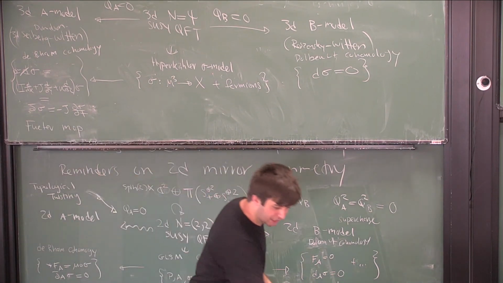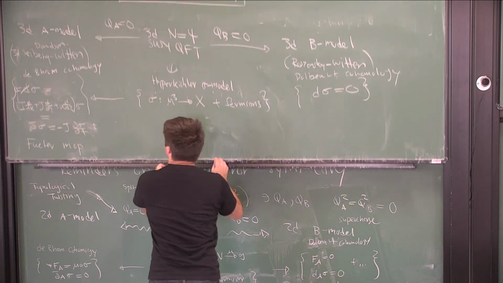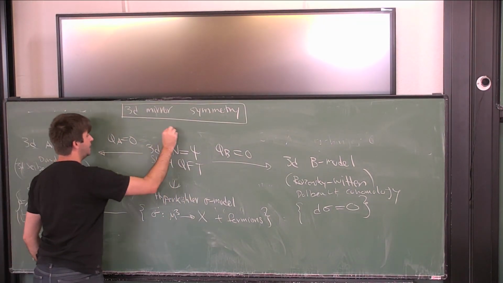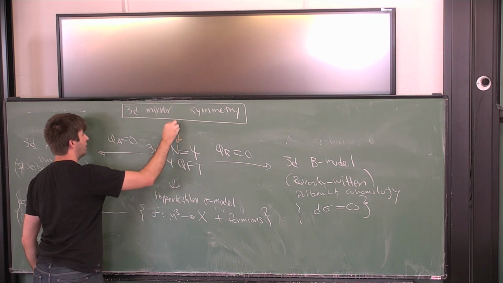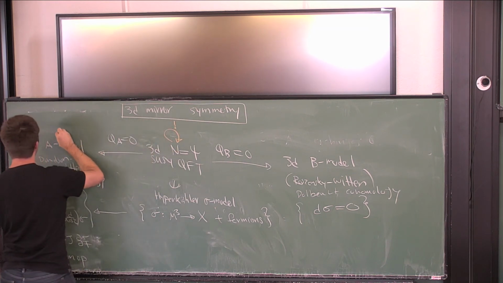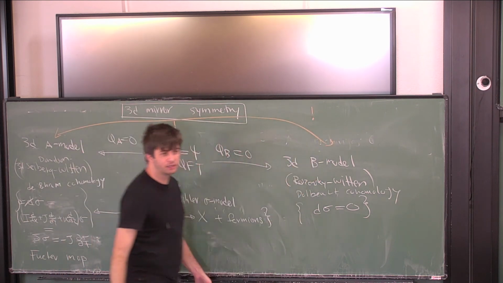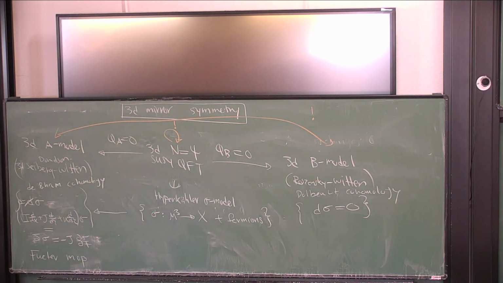Let me say the last thing about it. And then exactly like in the 2D case, there's going to be this 3D mirror symmetry involution, which I'll write with an exclamation point. And it exchanges the A and B models of mirror theories, just like in the 2D case.